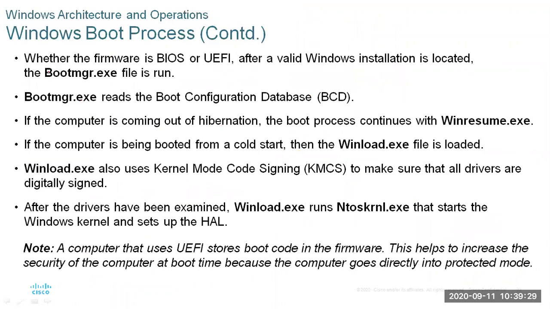So whether the firmware is BIOS or UEFI, after a valid Windows installation is located, the boot manager file is run. The boot manager file reads the boot configuration database, which is the BCD. If the computer is coming out of hibernation, the boot process continues with the Windows resume.exe.